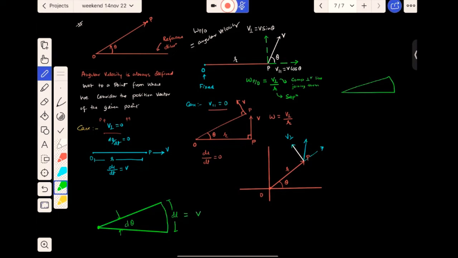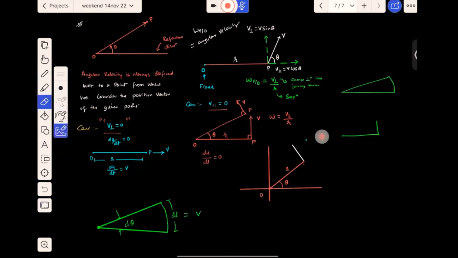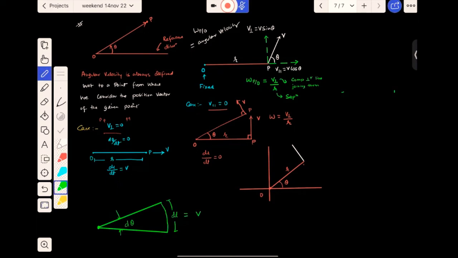Suppose I'm going away from this point as well as going around this point. So how much I have gone around this point, because of which I will cover some length, correct? And that length dl will be equal to v perpendicular into dt, or not?